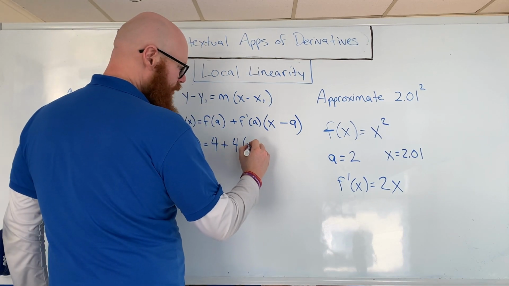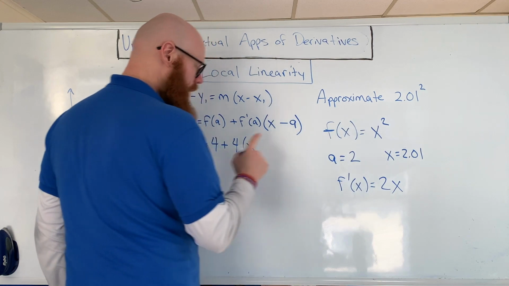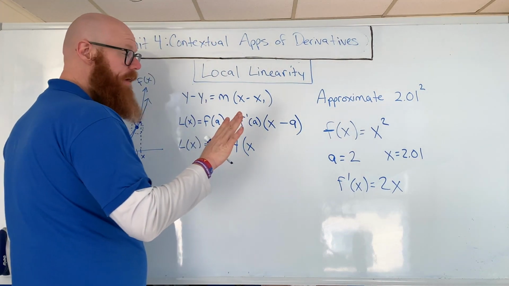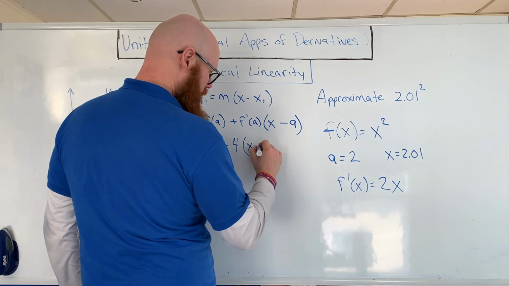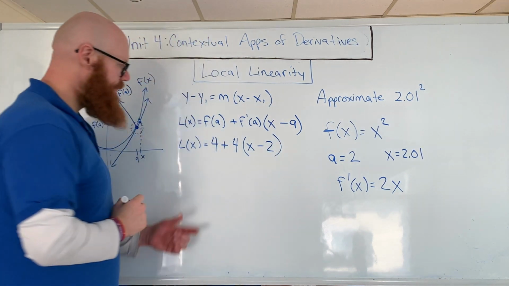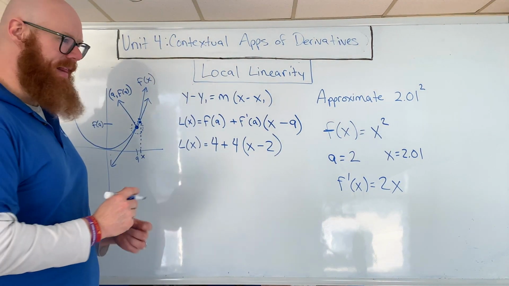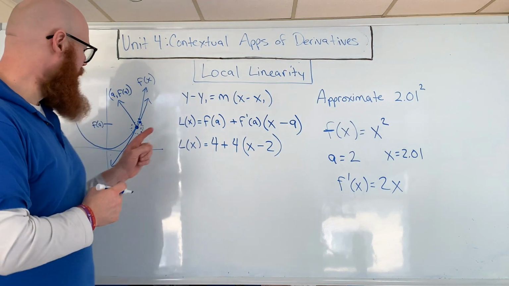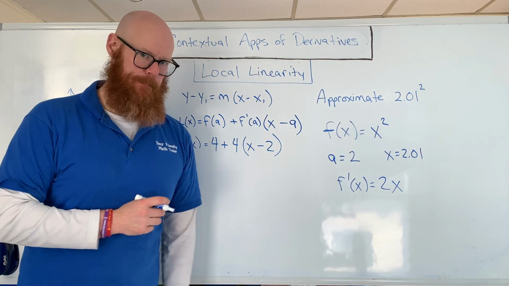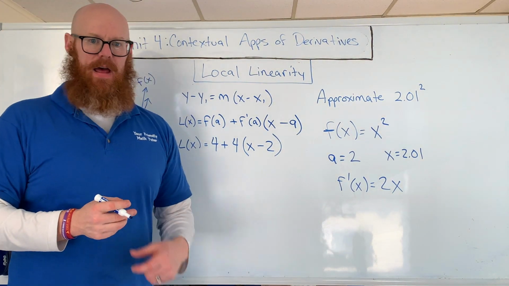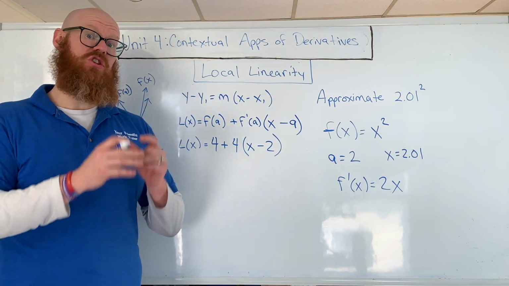Well, right now, we're not going to plug in x yet. I want to keep my notation correct. So for now, let's just say it's x. And a is 2. So what I have is my local linearity, or my linearization, around this point 2, 4, right? And then I can use that to approximate any value that's close to 2.